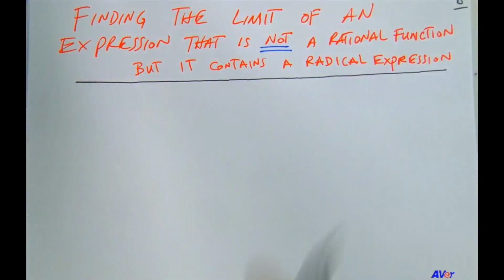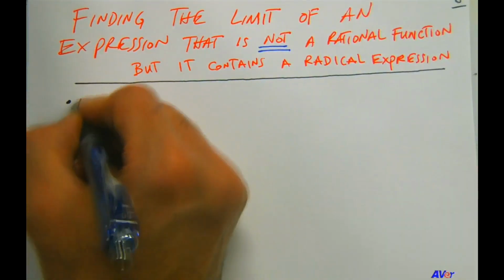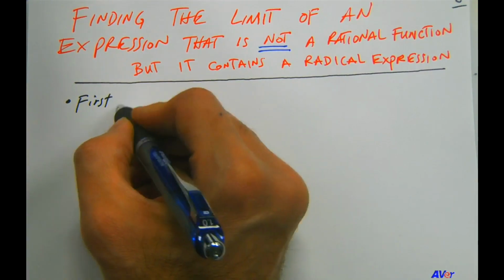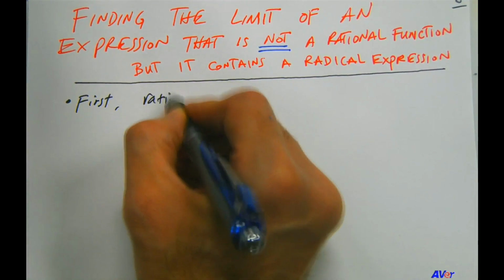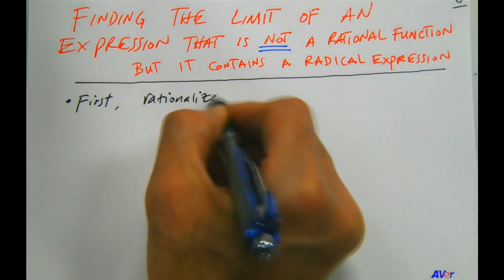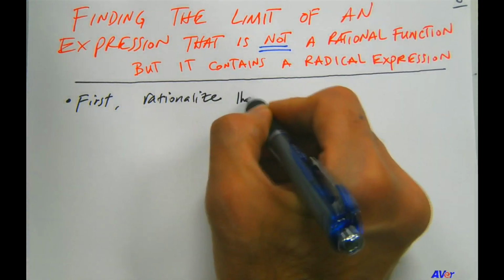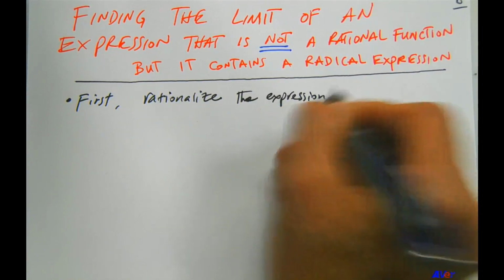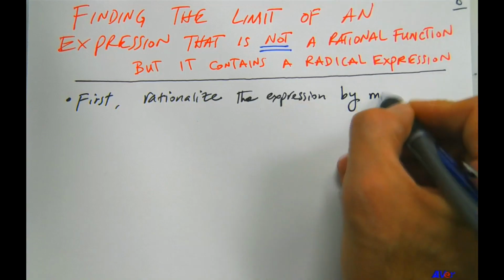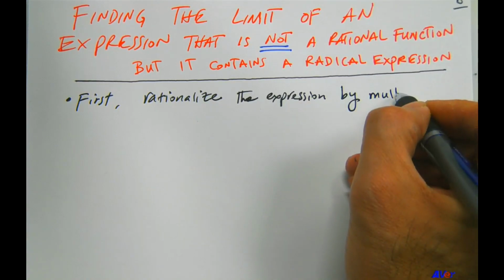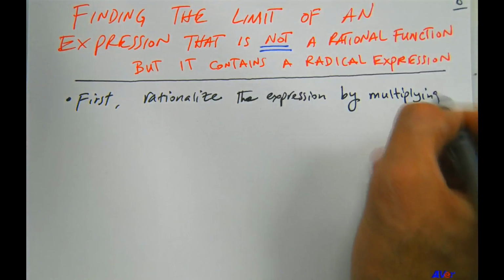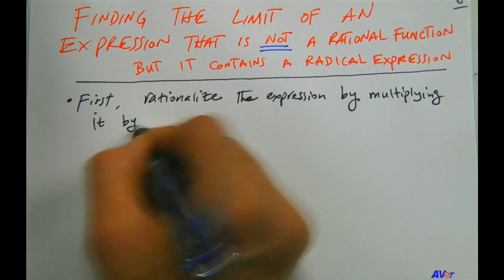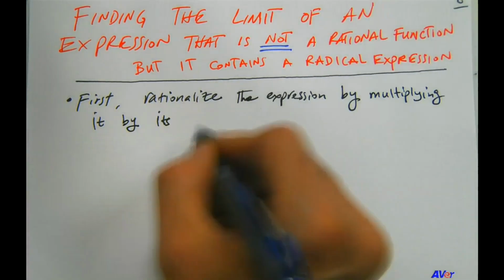Okay. So the first thing we want to do is rationalize the radical expression. So first, rationalize the expression by multiplying it by its conjugate.